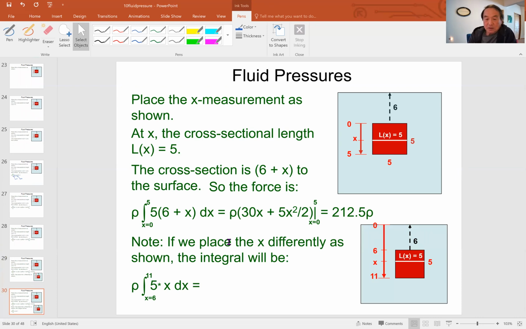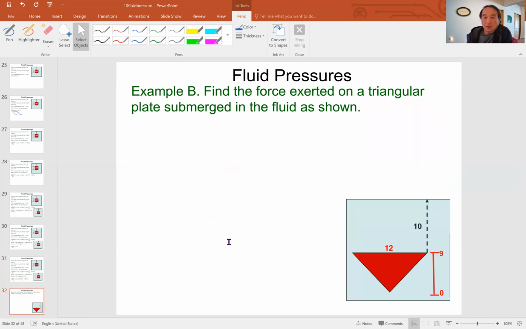I leave you to check the arithmetic, the algebra. Here is a different way of approaching it, setting the x differently, from the top down. I'll let you match the pictures of the setting, and you get the same answer. Then what kind of things are we going to submerge?